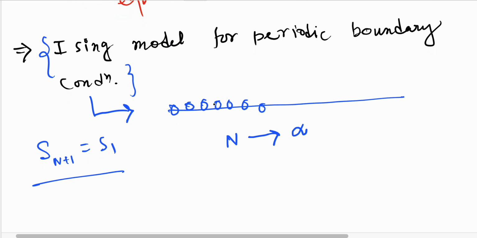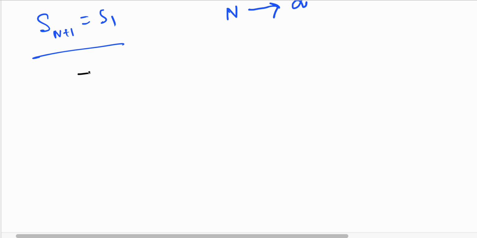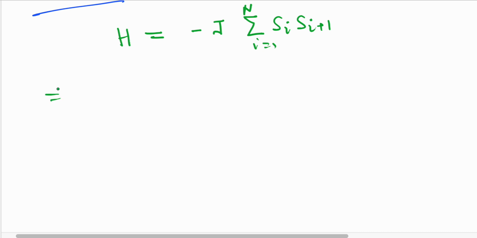So let's try that. For the Ising model, what is the value of the Hamiltonian? It is minus J summation of S_i S_(i+1), i equal to 1 to n, but since n is very large, that's that. Now what is the canonical partition function?